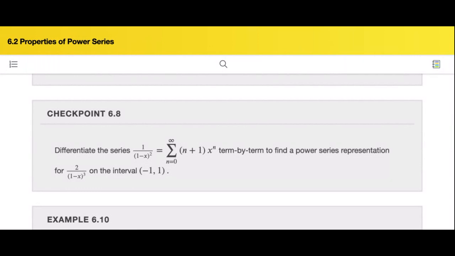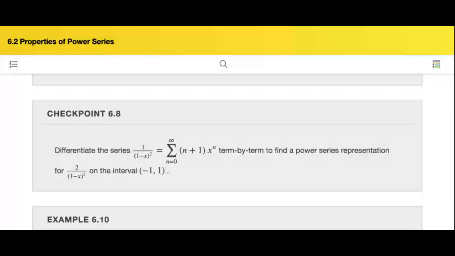So we see what's the pattern. The first one is 2, second one is 2 times 3, or 6. Oh, let's do the third one.